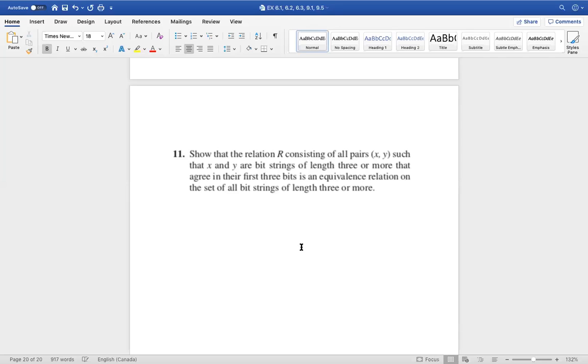So question number 11. Show that the relation R consisting of all pairs x, y such that x and y are bit strings of length 3 or more that agree in their first 3 bits is an equivalence relation on the set of all bit strings of length 3 or more.